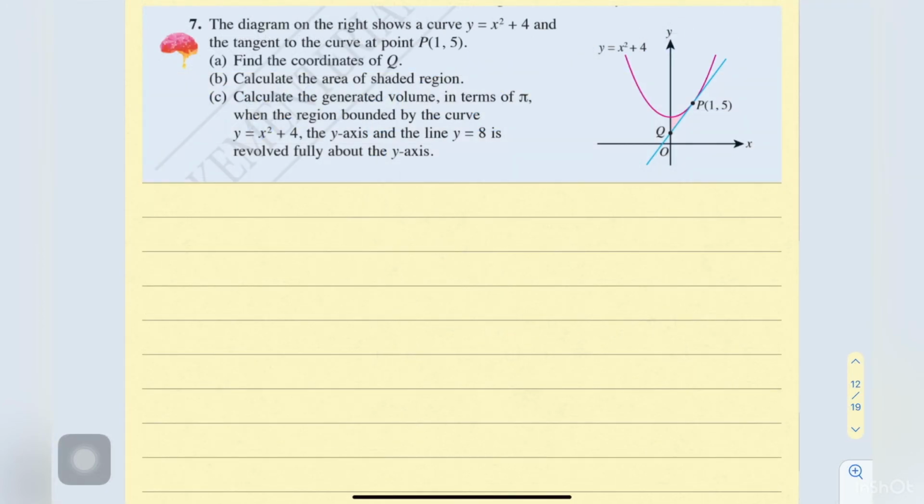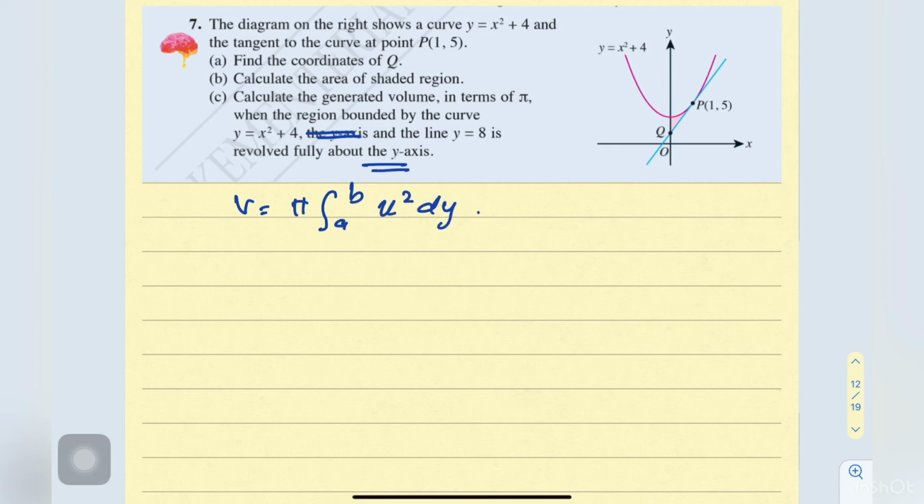7C, calculate the generated volume in terms of pi when the region bounded by the curve y equals x squared plus 4 and the line y equals 8 is revolved fully about the y-axis. Revolving about y, so we choose the formula pi integral of x squared dy.